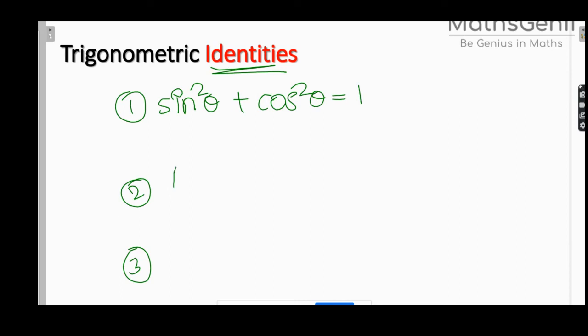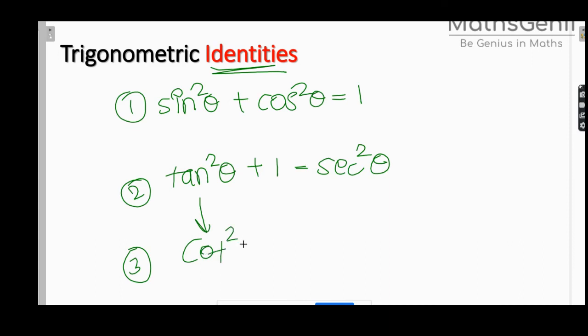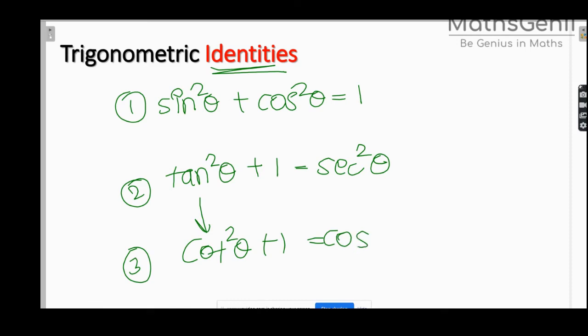Second identity is tan square theta plus 1 is equal to sec square theta. Okay. Third identity is tan. So what remains? It's cot square theta plus 1.